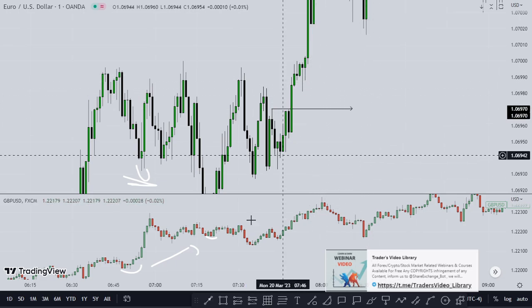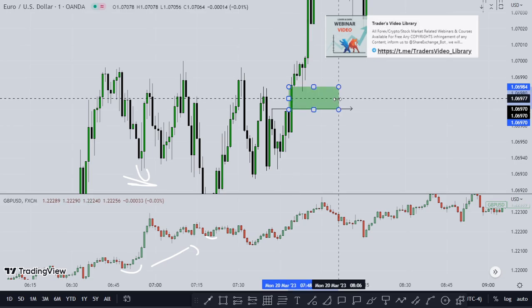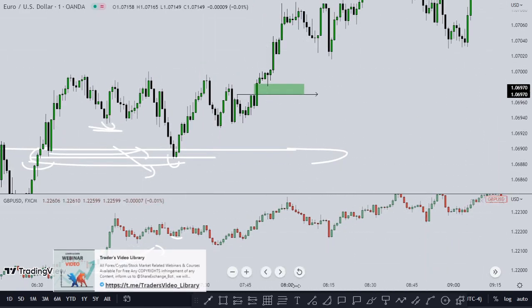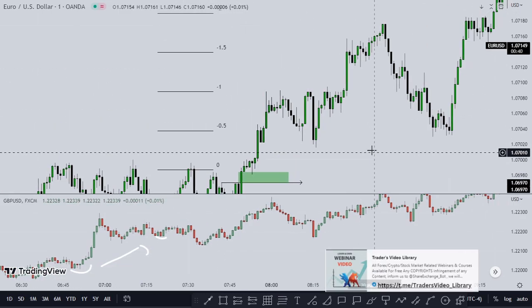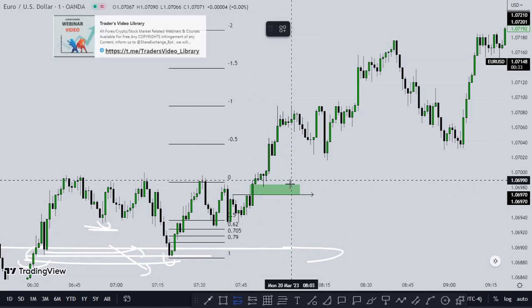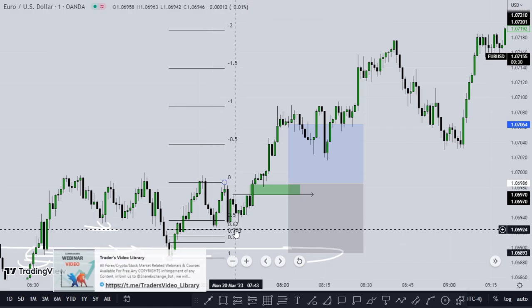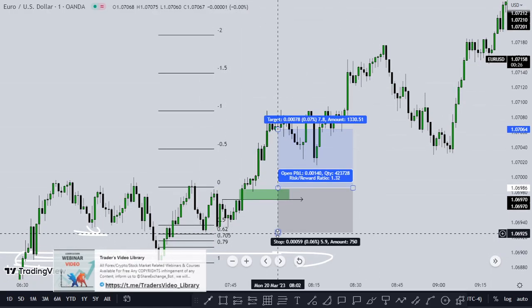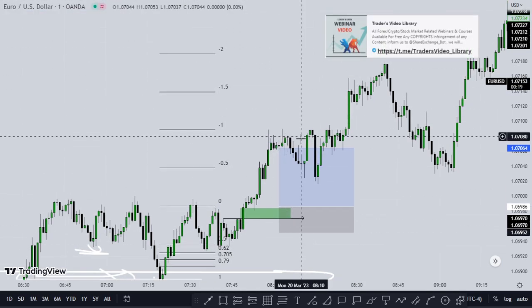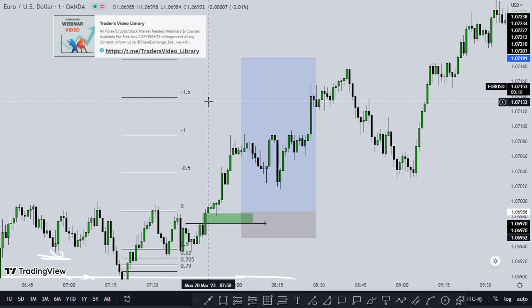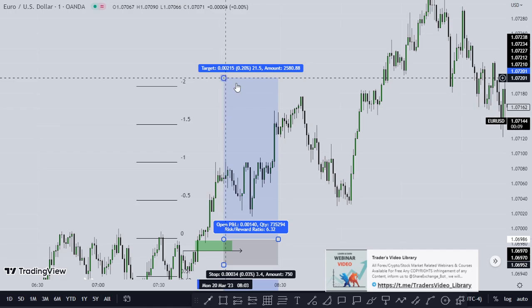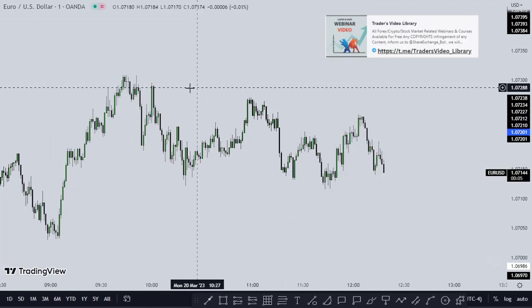Here is the market structure shift with the displacement. Market left the fair value gap, so we could enter from here and target, we can use this low or we can use this low, but I will use the end of the fair value gap, and we could target the -2 level right here with the OTE, or we can round it to 200, or we can use the 50-minute order block that was somewhere right here.